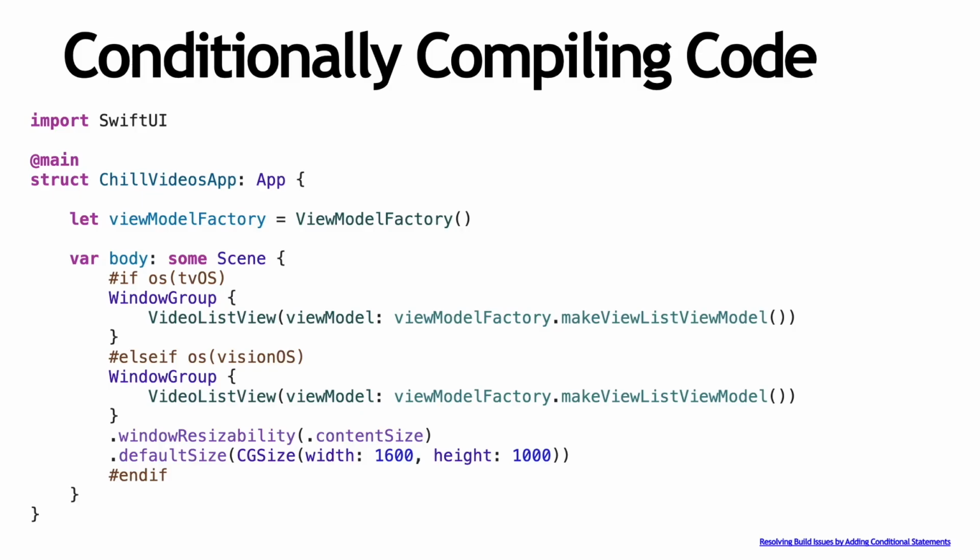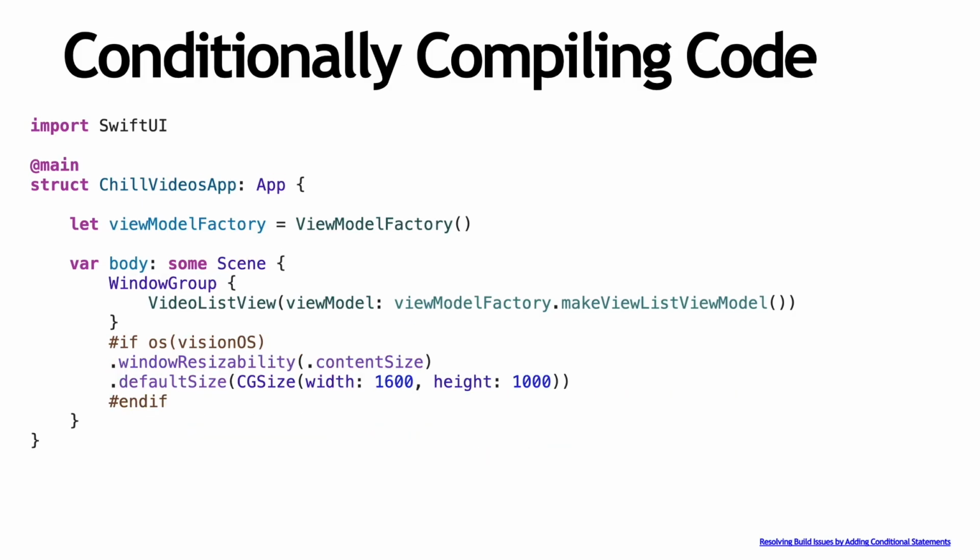This is basically instructions to Xcode that says, if you see this statement and you're building for tvOS, make sure that you compile this part of the code. If I'm trying to build for visionOS, I don't want this part of the code to be built. I want this one that has the window resizability, because I want that experience on visionOS.